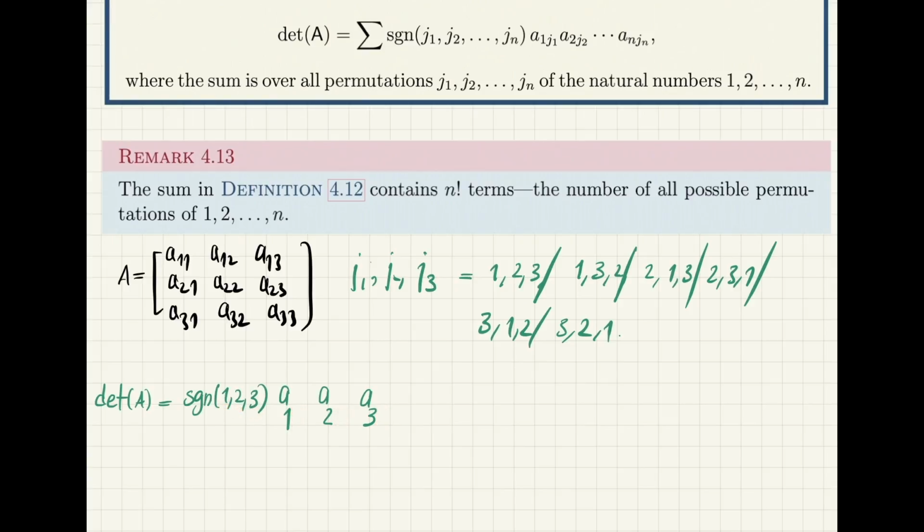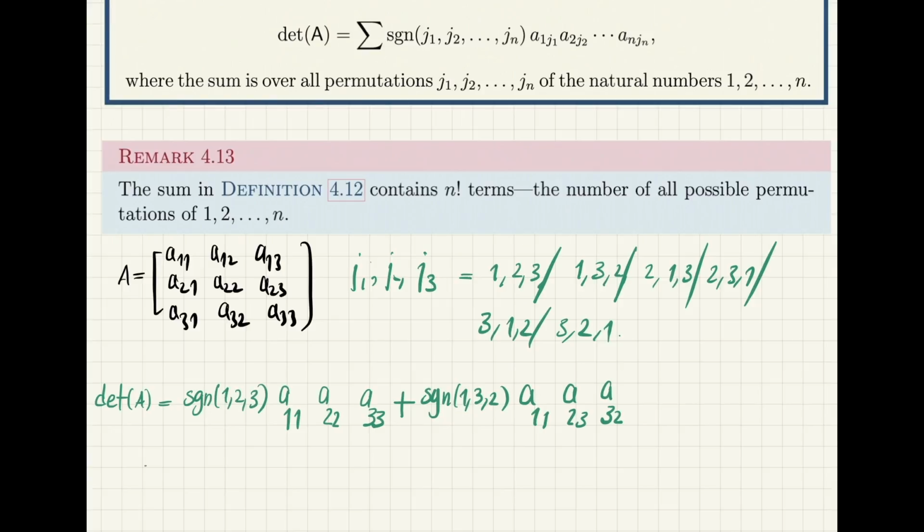So it becomes a11, a22, a33. Plus, because this sigma means I have to add them. I go to the next one. It is the sign of 1, 3, 2, and then I would write three a's. The first indices are always in order, a1, a2, a3, and then I put the second permutation's numbers here. So it becomes a11, a23, and a32.